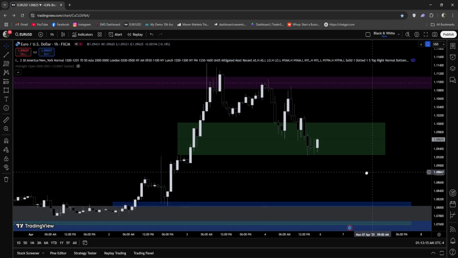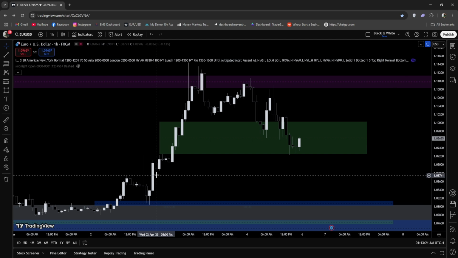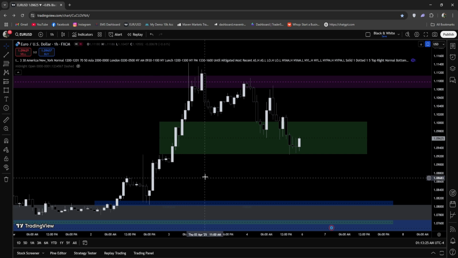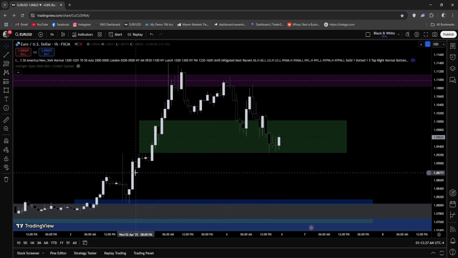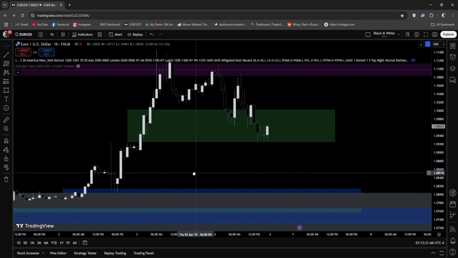I actually think the market can still go down to this fair value gap after it opens this Monday, like tomorrow easily, yeah. It can fill this fair value gap. I don't want to see it go down and take this low, right?